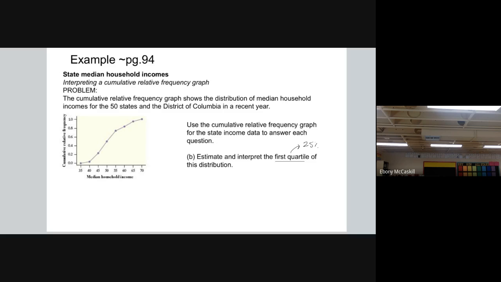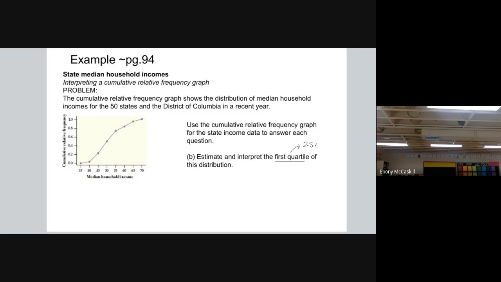So I want you to think, where is 25%? Is 25% on your x-axis, or is 25% on your y-axis? I guess I can read it. Take a second and read. Okay?